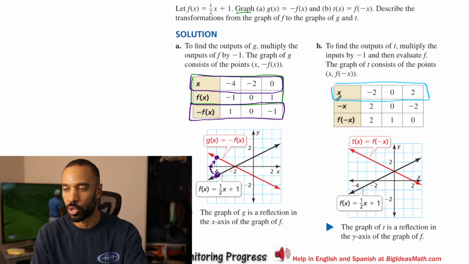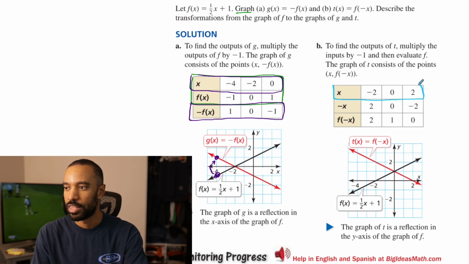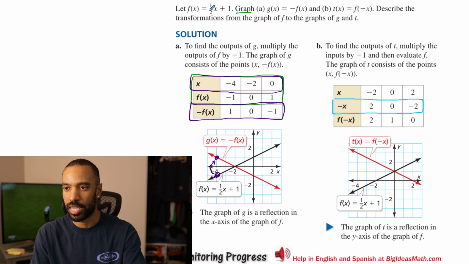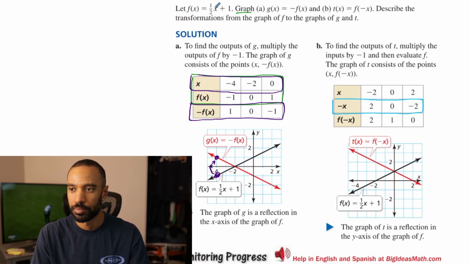I'm sorry, they're not showing you the original y. So these are some original x values to plug in. They're flipping them over, and then they're plugging those values into here and seeing what they get. Half of 2 is 1, plus 1 is 2. Half of 0 is 0, plus 1 is 1. Half of negative 2 is negative 1, plus 1 is 0.